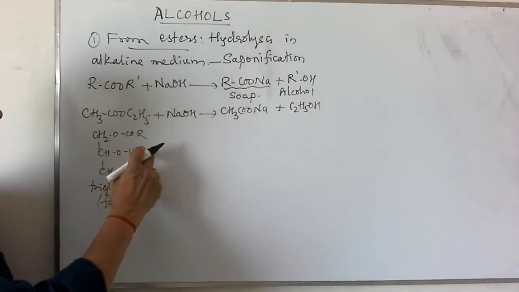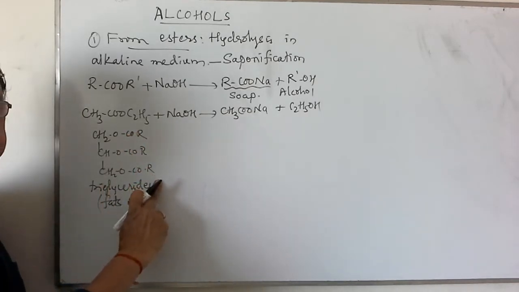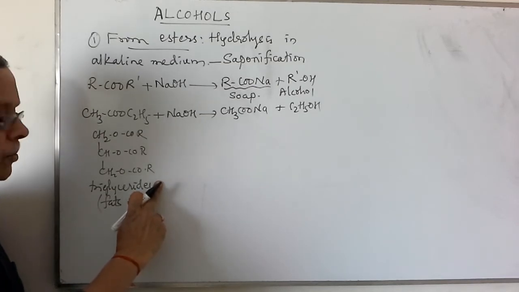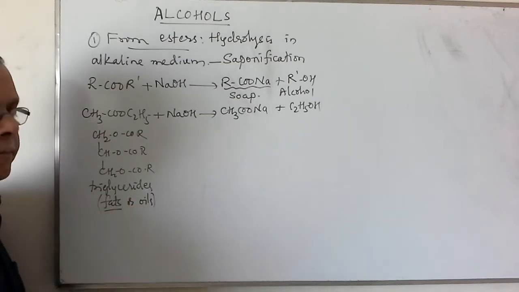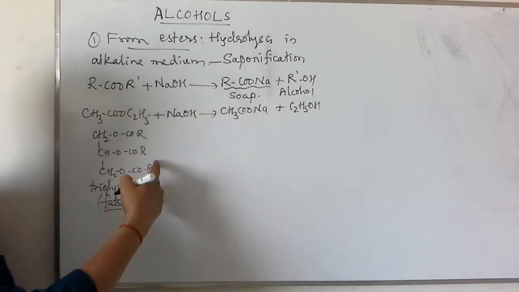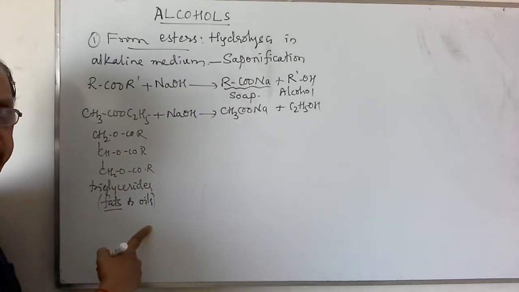There, if R contains only saturated groups, aliphatic alkyl groups, then they are named fats. If they contain some unsaturated groups also, then they are named oils.